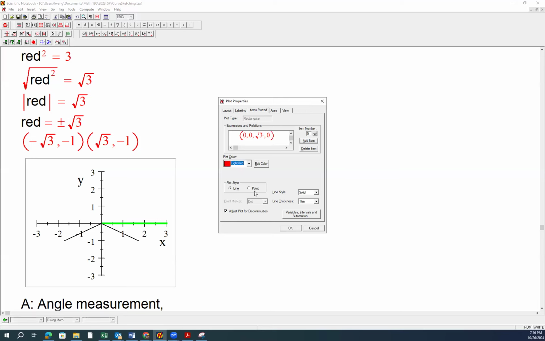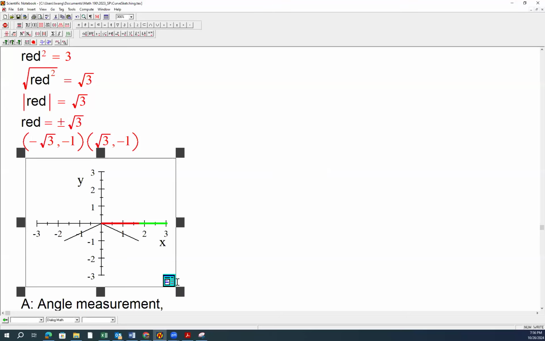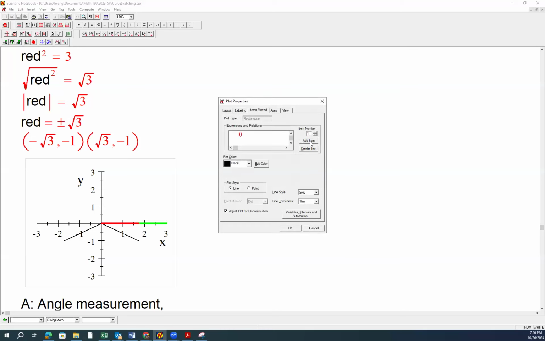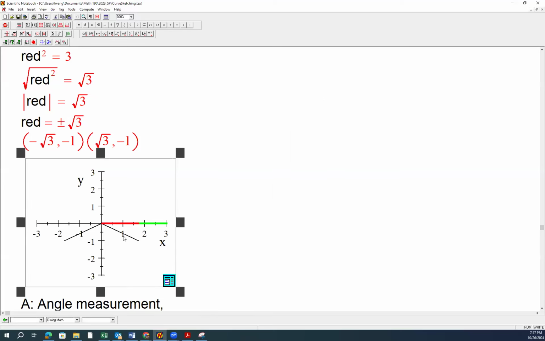That should be the red. One red, and there's another red for the other terminal. Oh, wait.